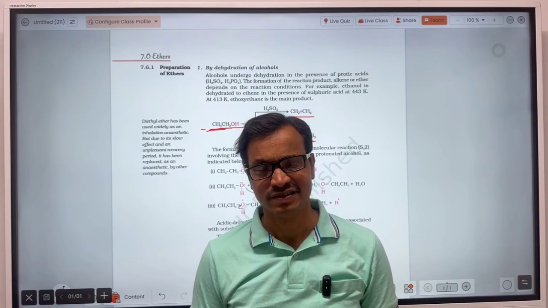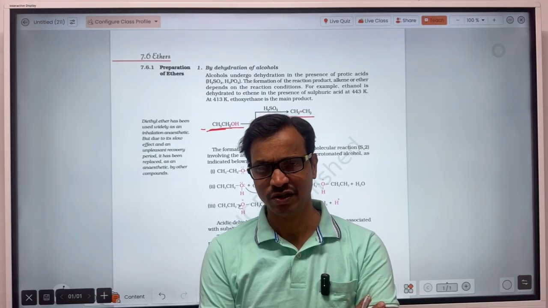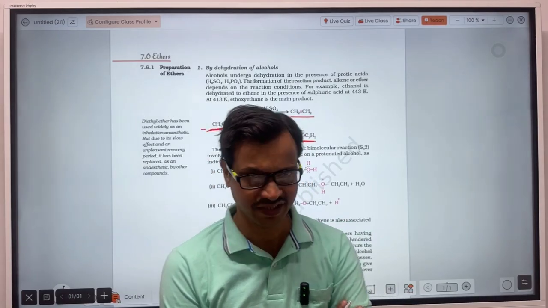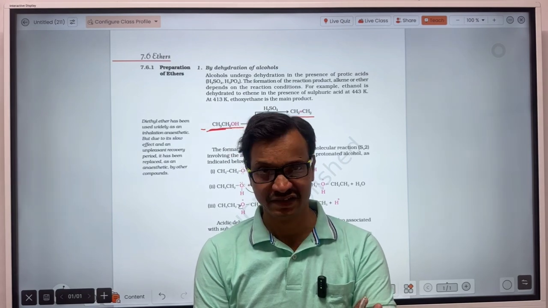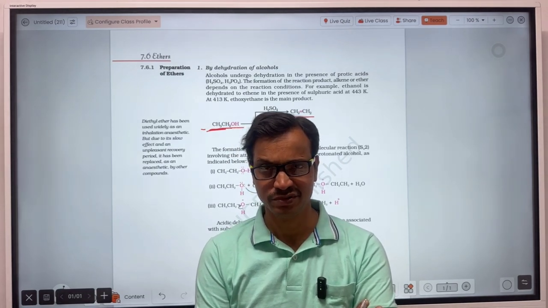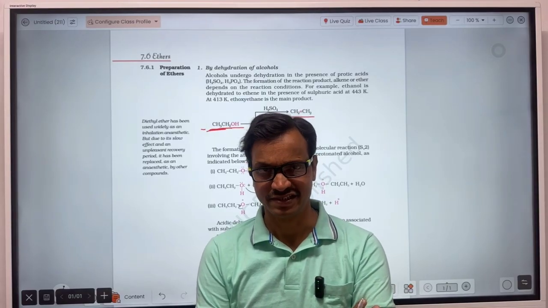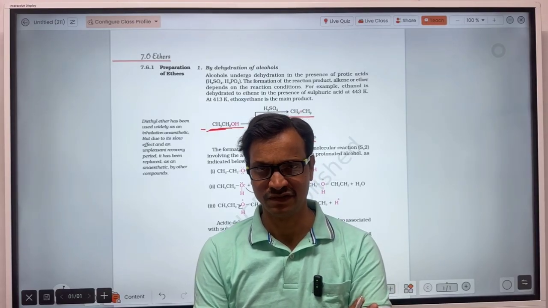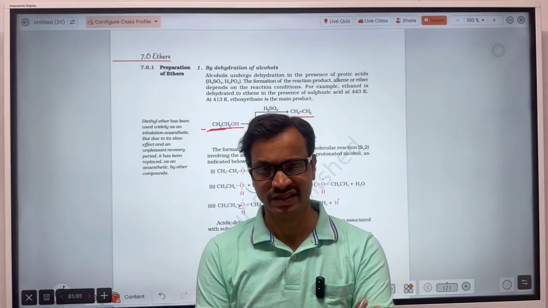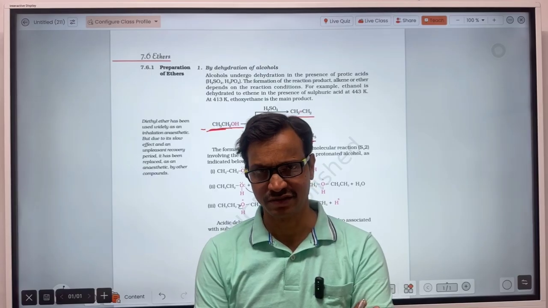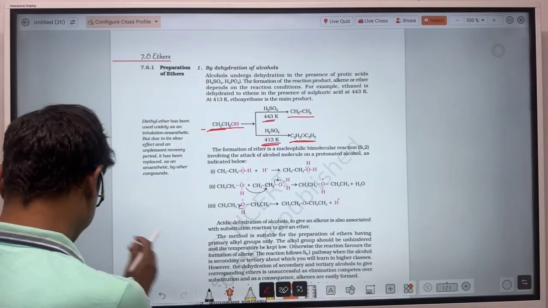You will have to study the mechanism of ether formation and the mechanism of alkene formation. We will get into that in detail when I discuss the mechanism of alkene formation, and at the same time I shall also discuss the mechanism of ether formation from alcohol. So we will discuss the mechanism later on.